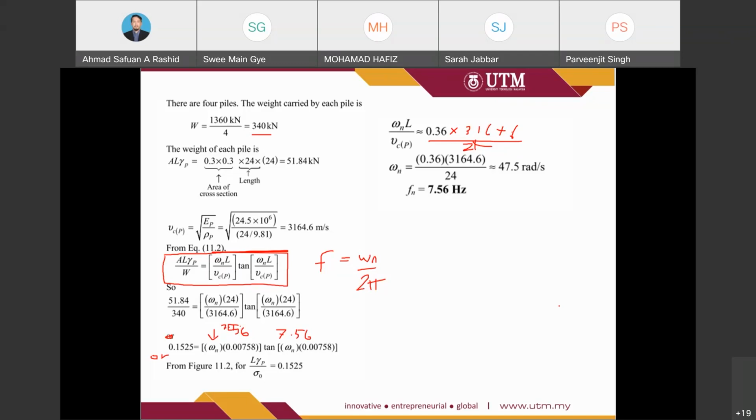If greater, we need to increase the number of piles. If lower, then there will be no problems in terms of the pile system.